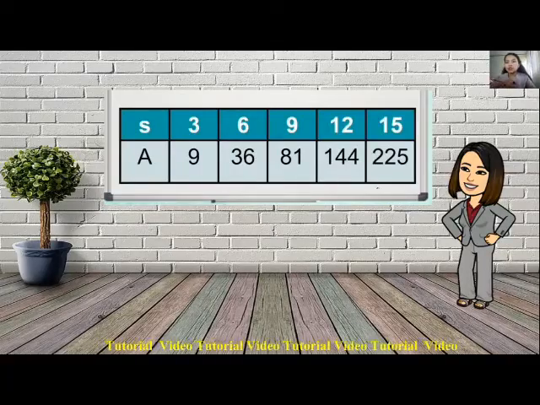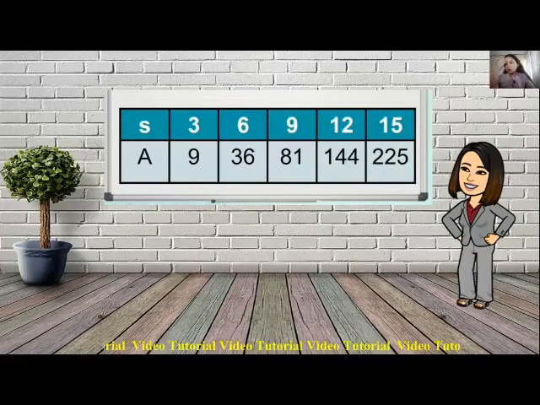So for the first example of table of values, let us have s as the first variable and a as our dependent variable. So it is somehow the same as our previous table regarding Mr. Rivera's situation. So we have here the sides, so 3, 6, 9, 12, 15, so that is S, and then we have A, which is 9, 36, 81, 144, and 225.